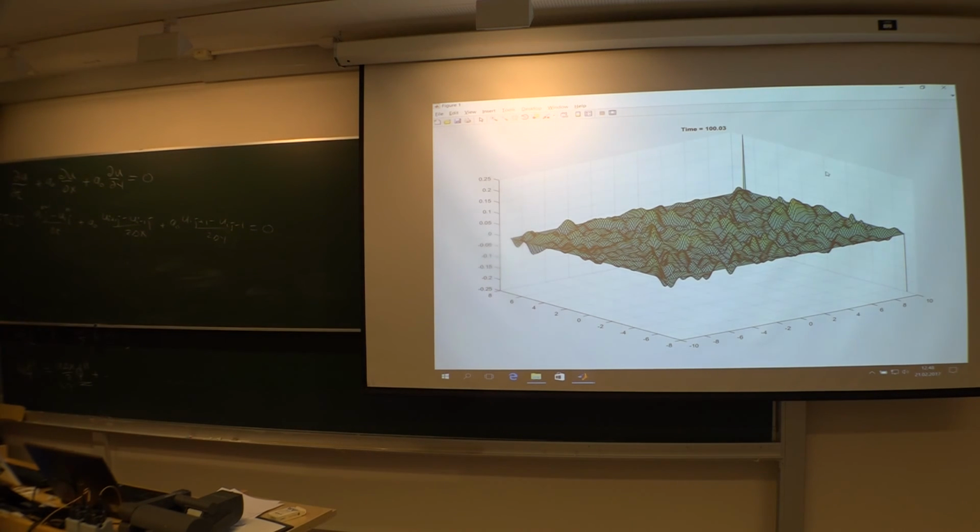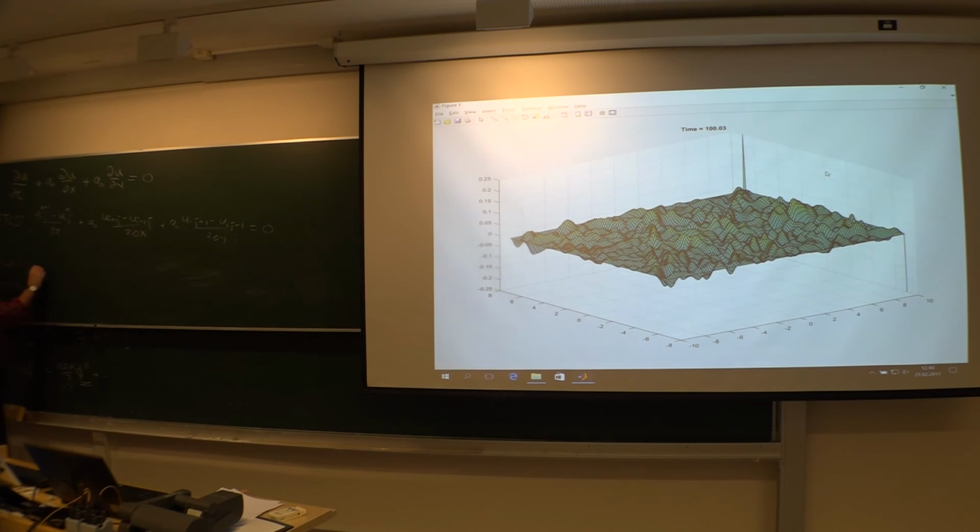What about the upwind? Well, then we have to know something about the transport velocity. Somebody has to tell us. Is it positive, negative, what is it? So here I assume it's positive.